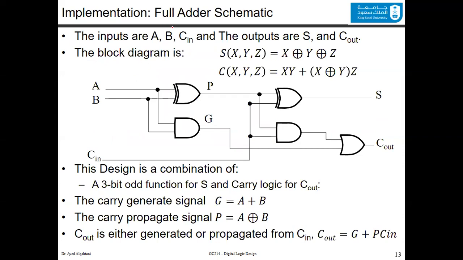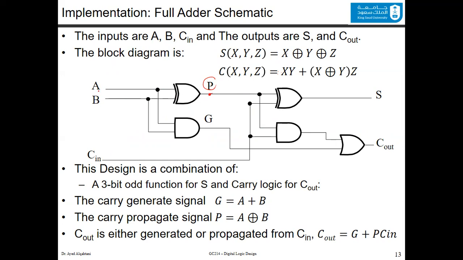Now, the full adder schematic based on those functions that we found, the last two functions for the sum and the carry. The sum is a 3-input XOR function, which is A XOR B, and then you get the propagate this way. This is the definition of the propagate. And then we XOR it again with the third input, which is the carry in.